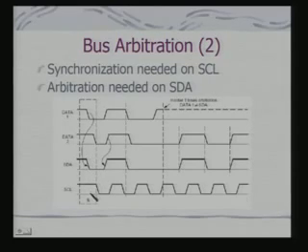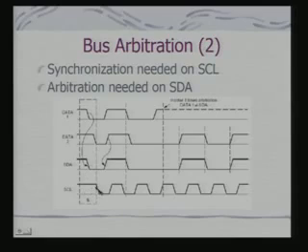What is being shown here is the SCL and SDA line of the bus, and the data may be coming from two distinct devices. This is your data 1, and this is from data 2.